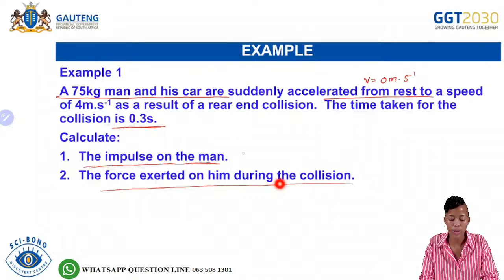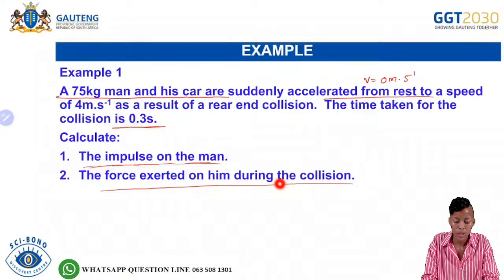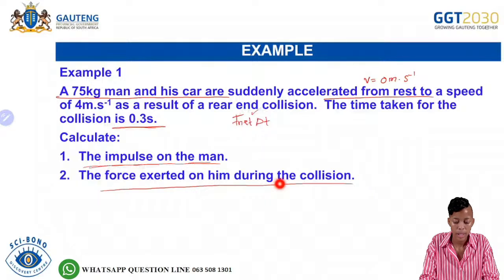So what do we remember? We need to go back to the formula sheet and look for the formula of impulse. The formula of impulse is given by F net change in time. But you see that you are not given the force there. Yes, you have the time.